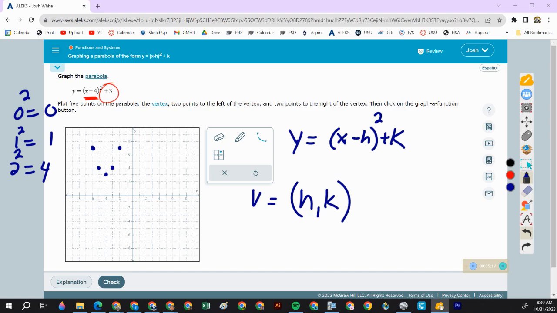What would the next point be? Over 3, up. What would 3 squared equal? 9. So over 3, and then it would be up 9, way up here, and then you graph the parabola.